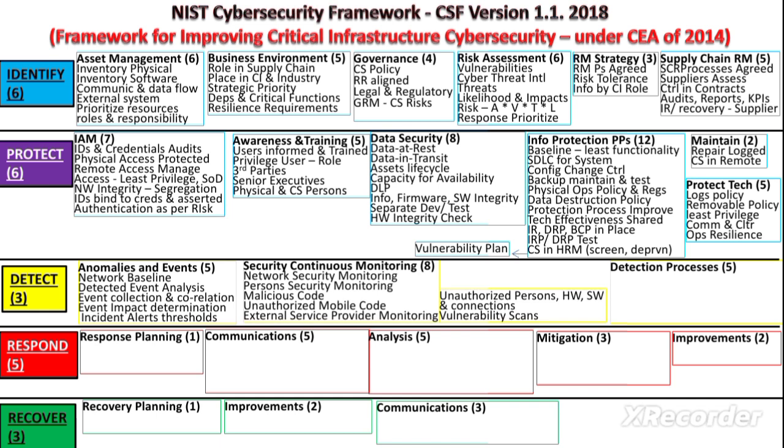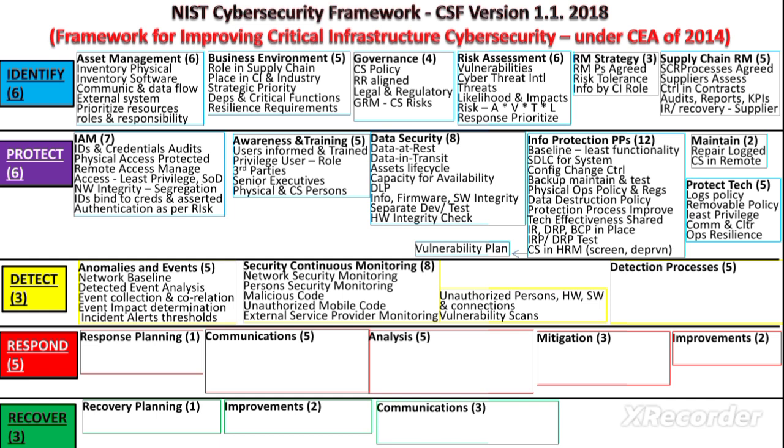Then in security continuous monitoring, there are 8 subcategories or processes. So you have to perform the security monitoring of your networks or your personnel, and you also have to monitor the execution of any malicious code, or you also have to see for unauthorized mobile code.